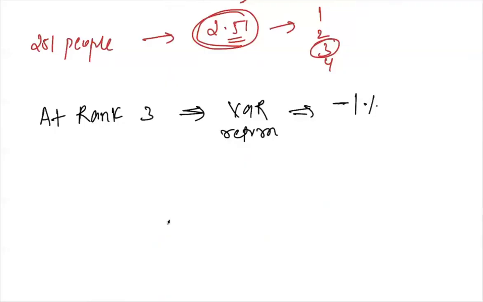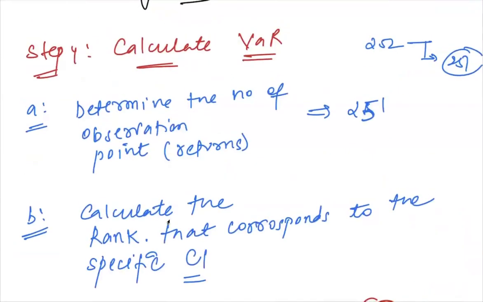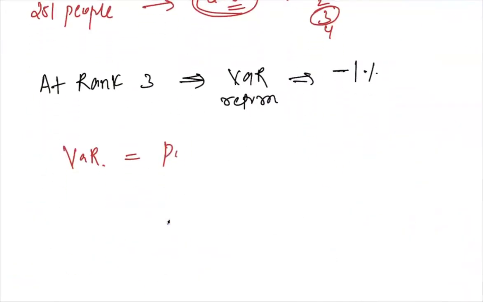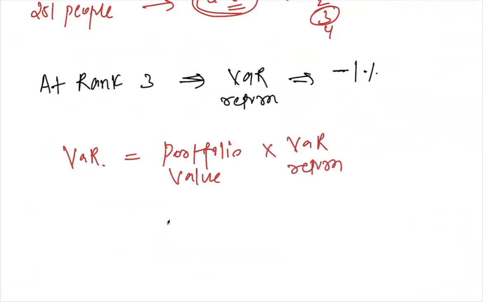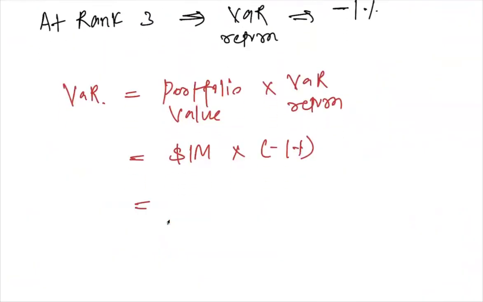To calculate the value at risk, I need to multiply my portfolio value with this VaR return. Let's say my portfolio is $1 million. So I'll multiply this by negative of 1%. Now tell me, how much is this? $1 million multiplied by negative 1%, and the negatives cancel out.